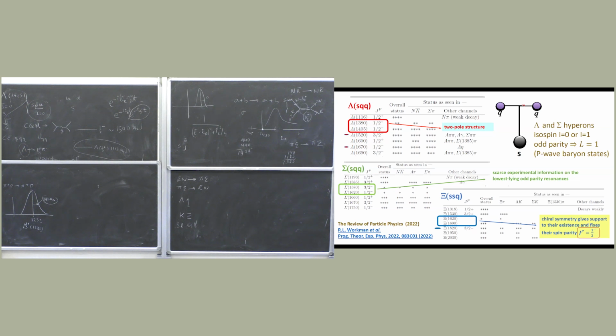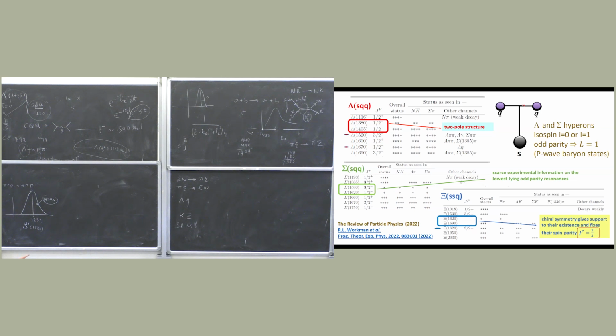And what about spin, parity, and isospin? It works, because the kaon is in the same octet as the pion and the anti-kaon, so it's spin parity 0 minus, and the cascade is in the same octet as the nucleon, so it's spin parity 1/2 plus. 0 minus and 1/2 plus gives 1/2 minus. And what about isospin?